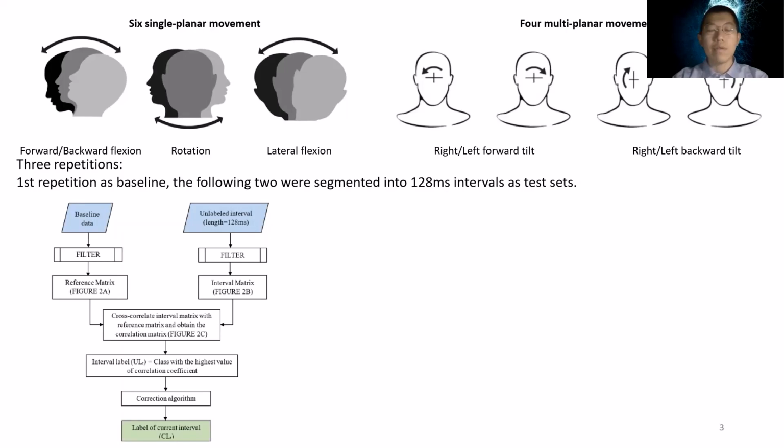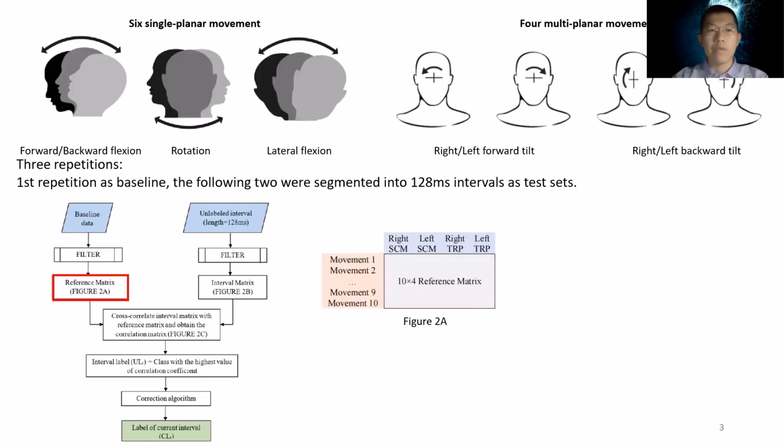The data were first filtered with a 100 Hz low-pass filter, and then in the feature extraction process, we first computed a 10x4 reference matrix with the baseline data, and then for each unlabeled interval, we computed a 1x4 interval matrix.